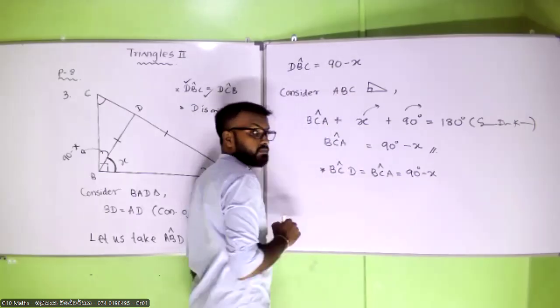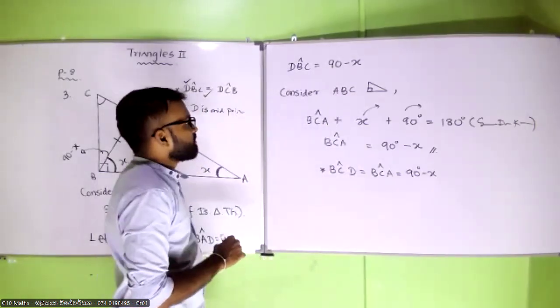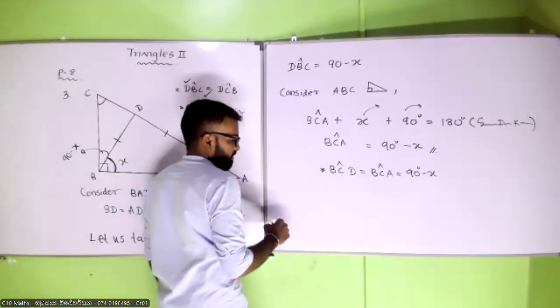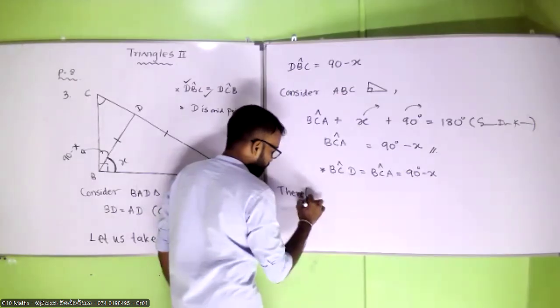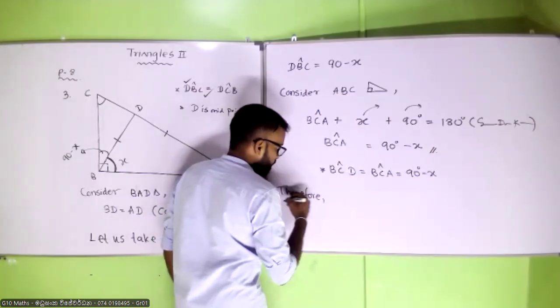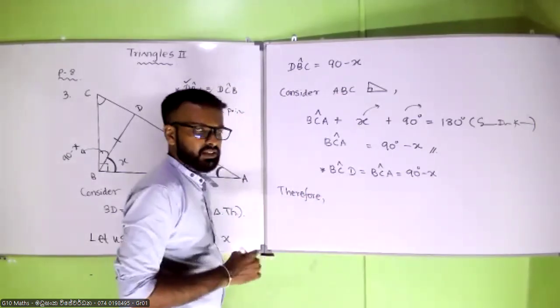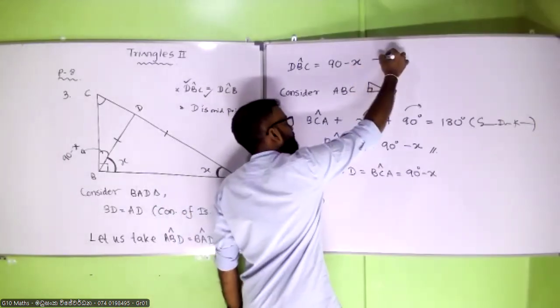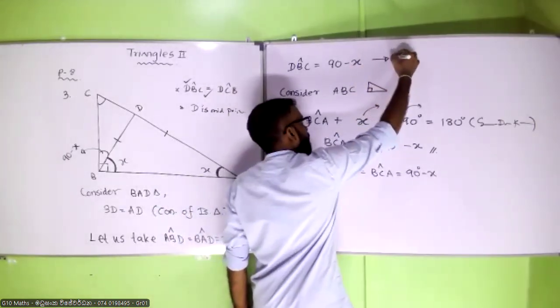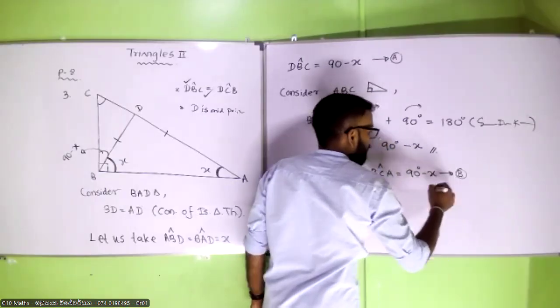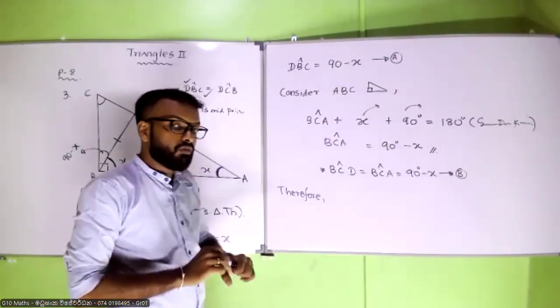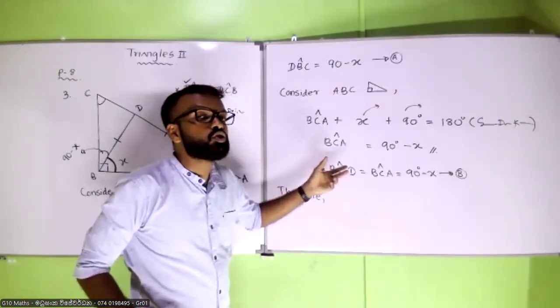So these two are equal. If you want, you can use this one as A and this one as B, so that your examiner can understand what she or he needs to look at.